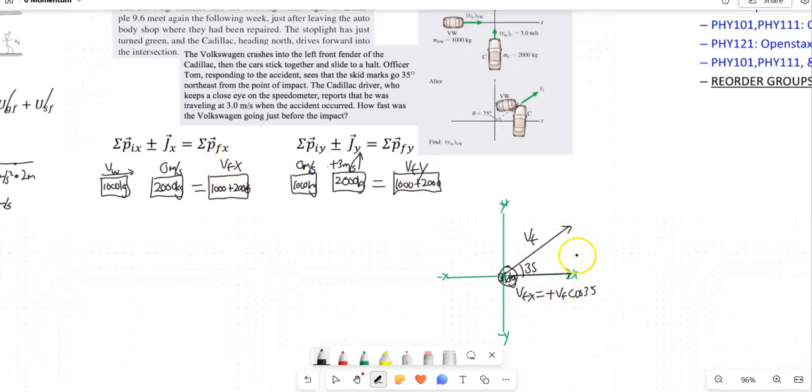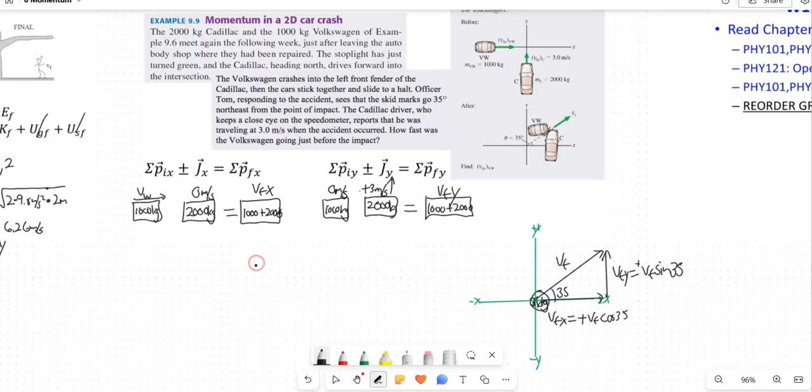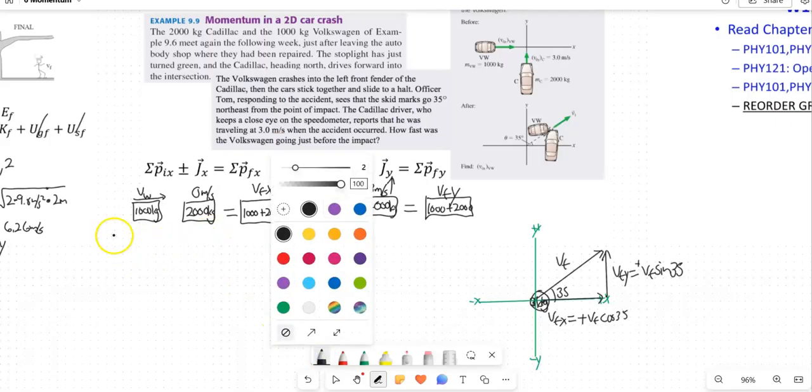In the y direction, they are moving upwards, the v final y, which is going to be positive v final sine of 35 degrees. So we're just going to replace these two velocities with that. Now, let's start putting some stuff in here.